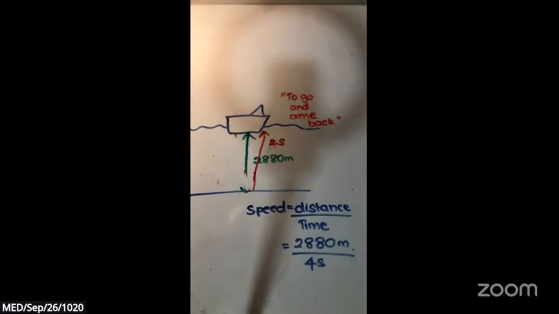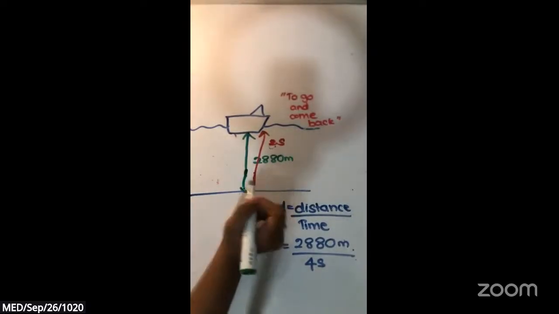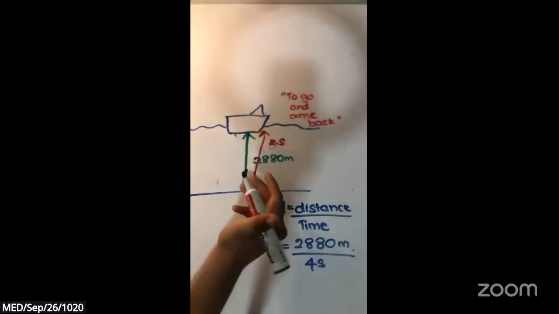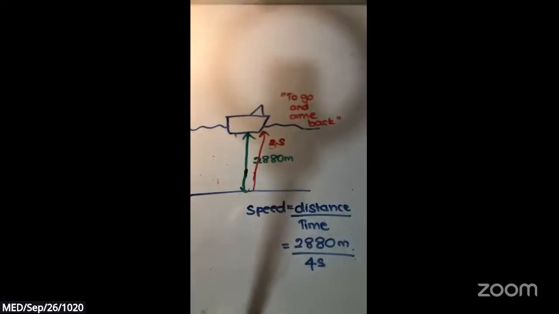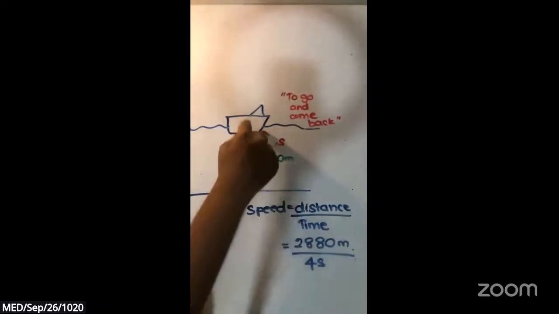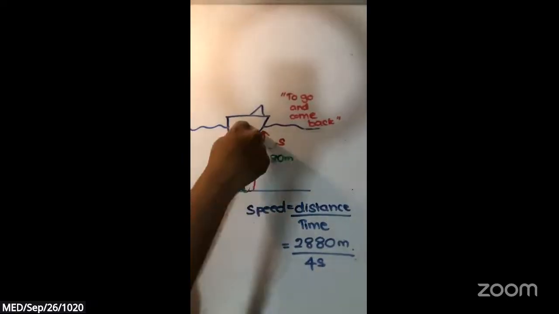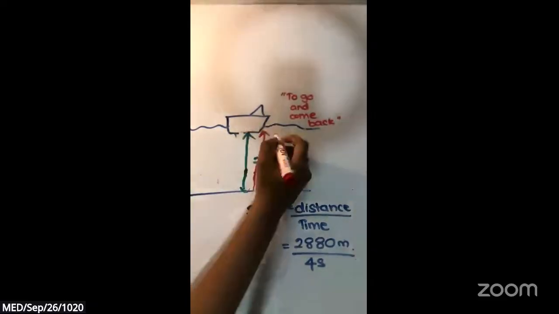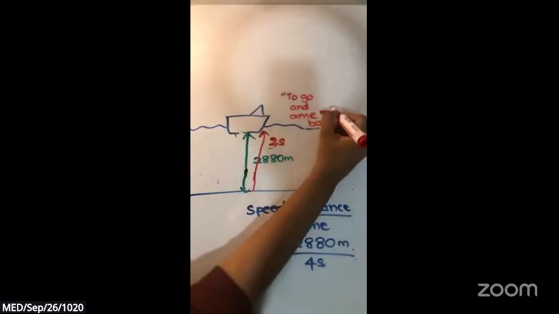You can't take to go and to come back for time and then just to go for distance. If you're taking the meters just to go down, then the time also should be taken from here to here, right? The time from here to here is going to be just 2 seconds. To go and come back, it's 4 seconds.